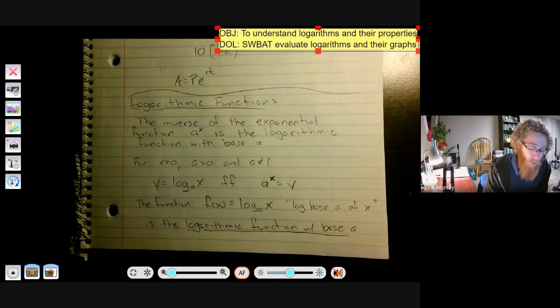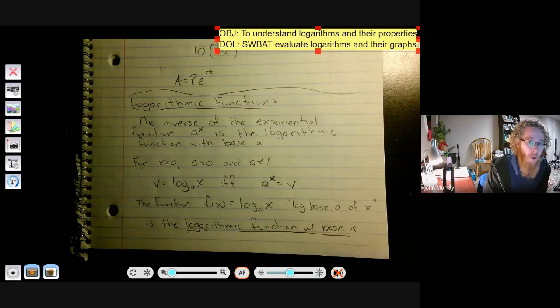So here we have just some formalities to get out of the way. Again, the inverse of the exponential function a to the x is the logarithmic function with base a. So there is a key distinction there. Here we're talking about specific bases, right?